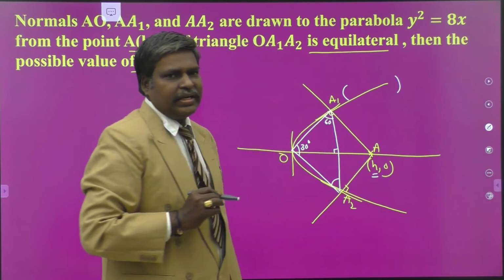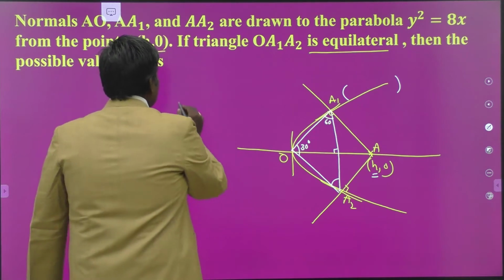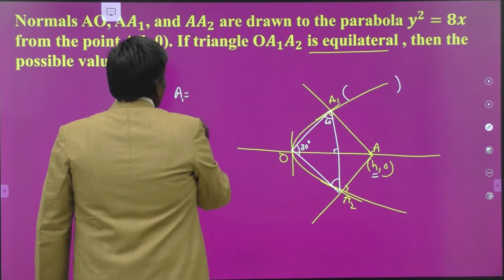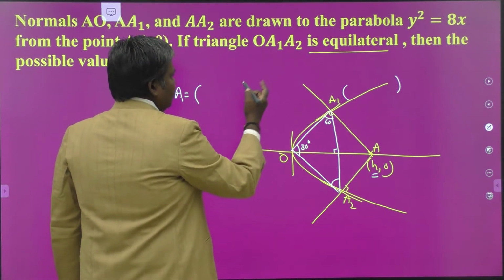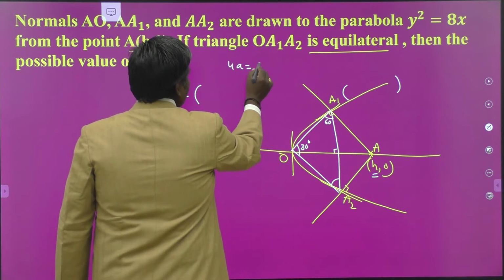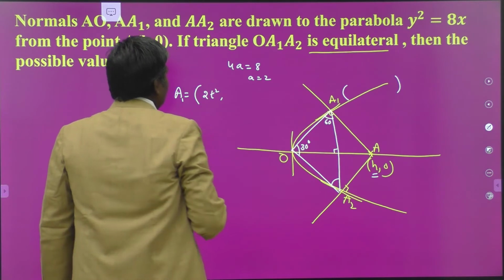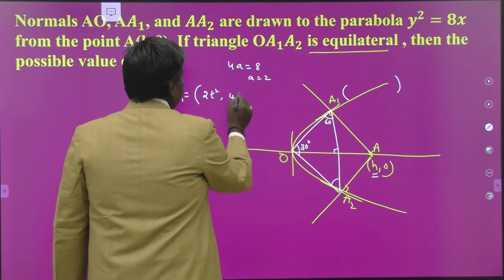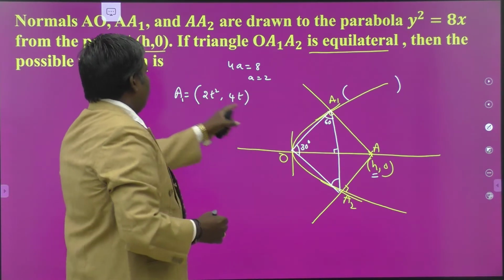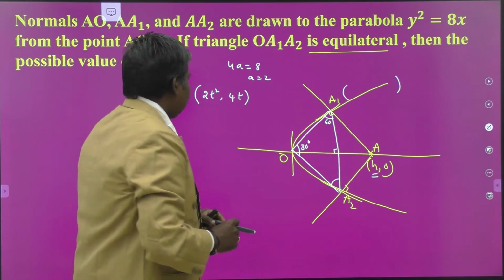How to get the coordinates of A1? Suppose A1 is (at square, 2at). What is your a? 4a is equal to 8, so a is equal to 2. So A1 is (at square, 2at).